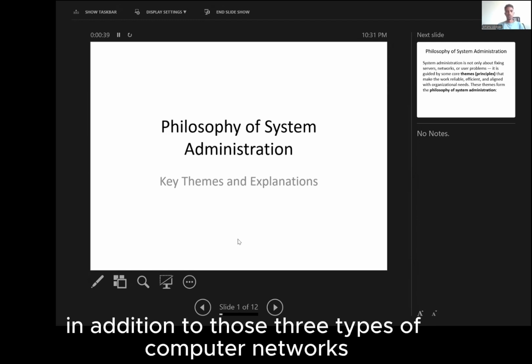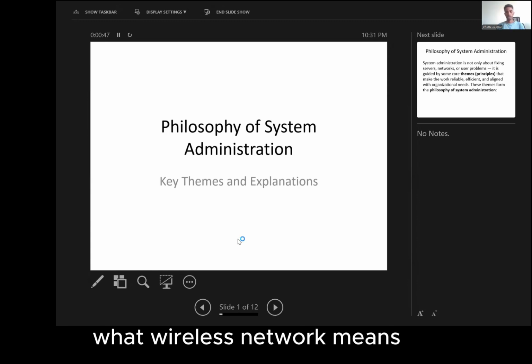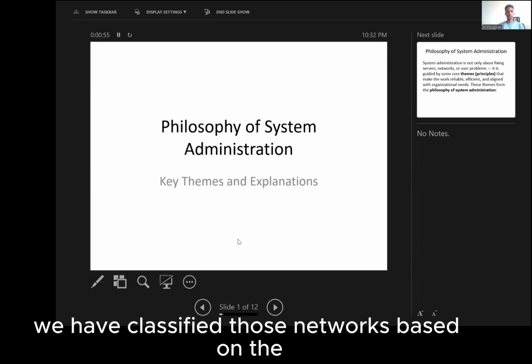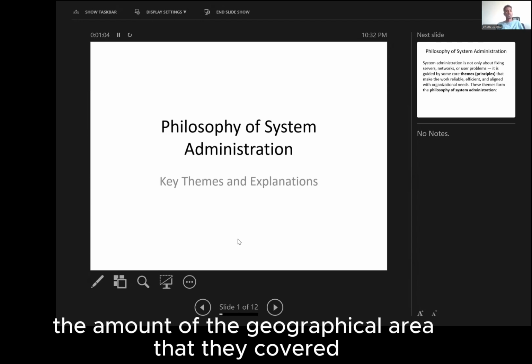In addition to those three types, we have seen the concept of wireless network, what wireless network means. So when we see the types of network, we have classified those networks based on the geographical coverage, the amount of the geographical area that they covered.